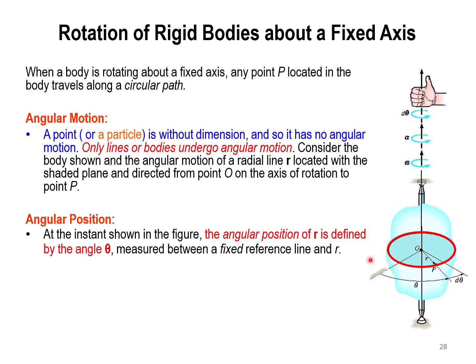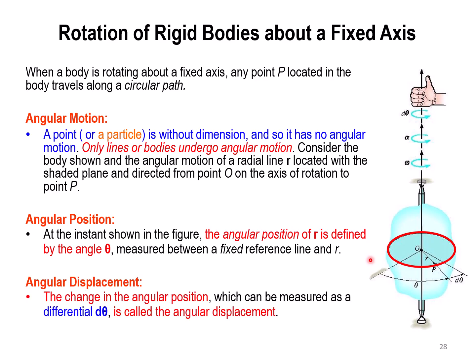The change is the angular displacement in radians, measured between the fixed reference line and R. The change in the angular position, measured as the differential delta theta, is called the angular displacement.